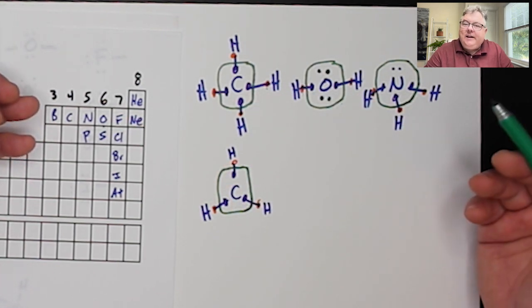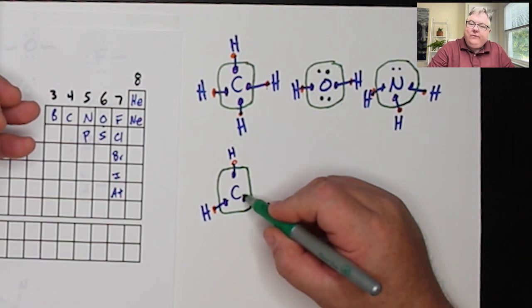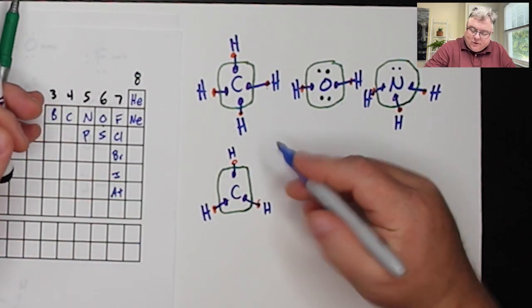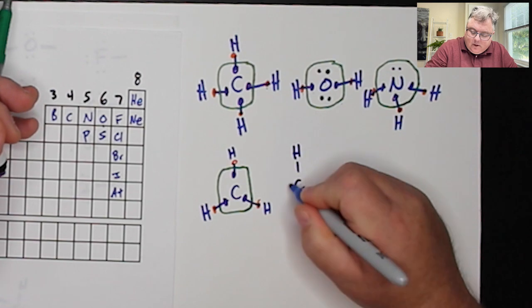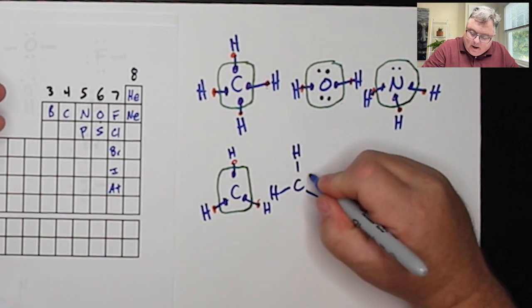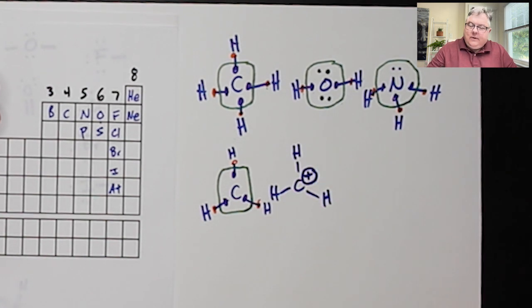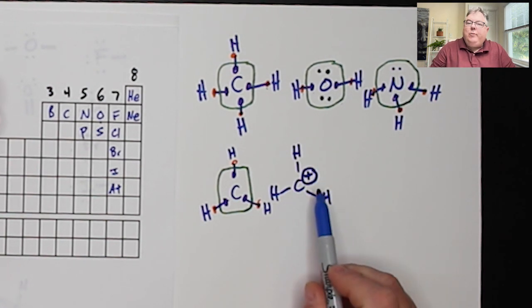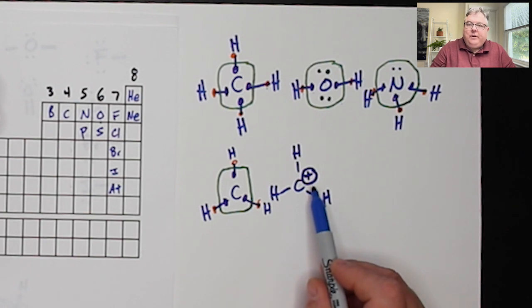It's missing a negative electron. So we would say that this carbon atom has a formal charge of +1. So if I take all of my colors away, I would say this carbon atom has a +1 formal charge.